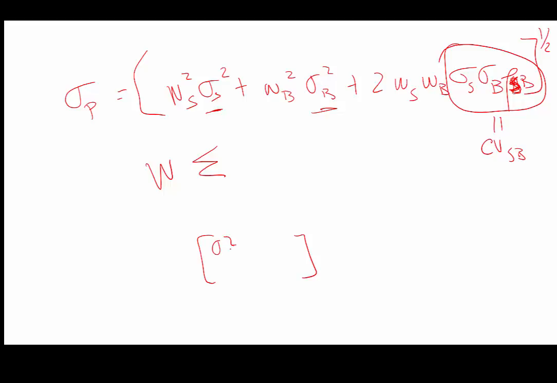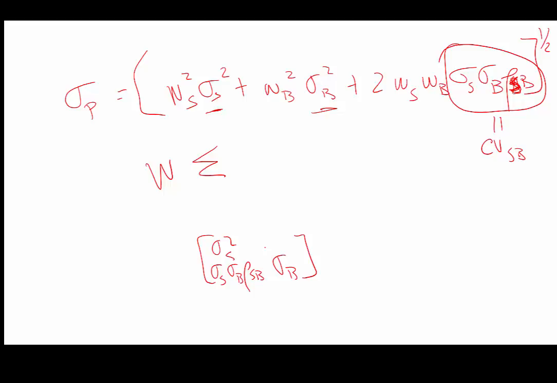Here's the variance of S, here's the variance of B, and here's the covariance of S and B on the off diagonal. You're going to see that when you do your project.